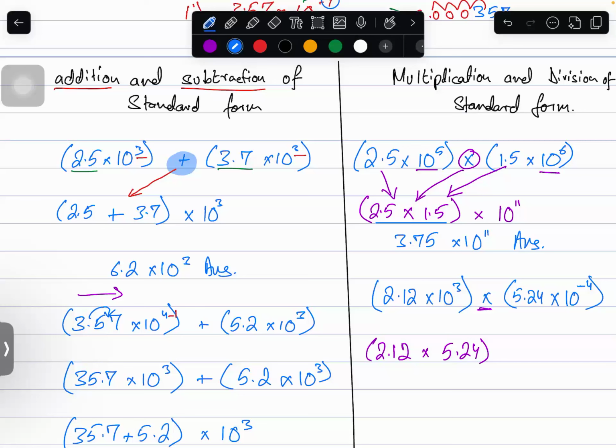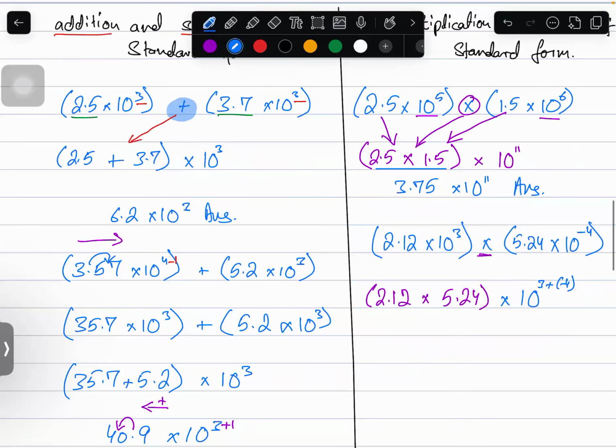And for the tens, as we know that when there's a multiplication sign and the bases are the same, the powers add up. Now we have 3 plus negative 4. The second power is written in negative. So, yes, we will multiply these two numbers first, 2.12 multiplied with 5.24.